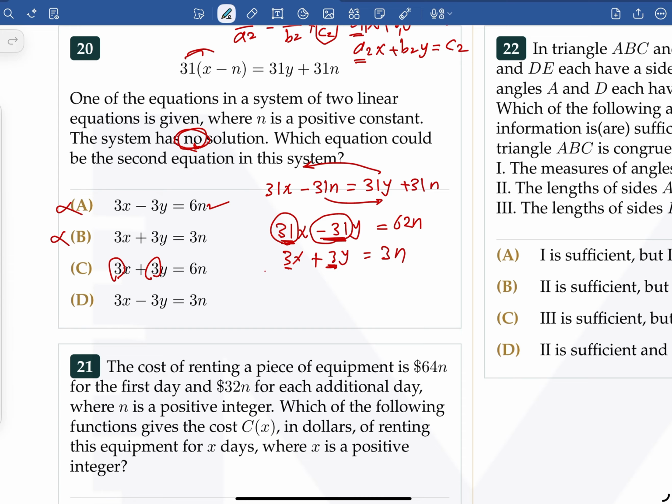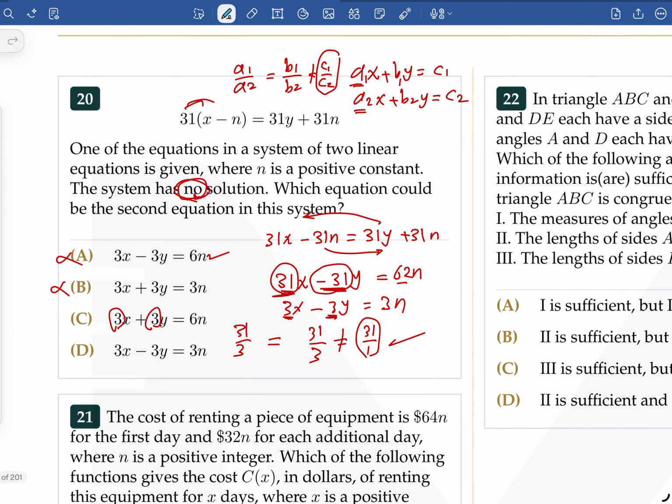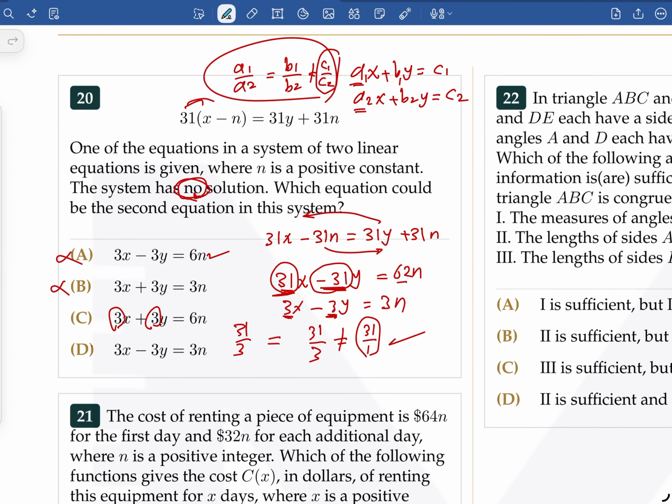This is 3x minus 3y equal to 3n. 31 divided by 3 is 31 over 3. Negative over negative is positive, 31 over 3, okay. And 62 divided by 3 is not 31 over 3, which is different. So now this is equal to this one and not equal to this one, which applies our rule here, which makes it no solution. So option D is our answer.